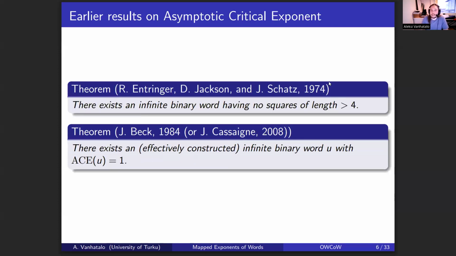And I'll just give some context on the asymptotic critical exponent, in case it's not familiar to you. The idea of the asymptotic critical exponent, to my understanding, started with a theorem of Entringer, Jackson, and Schatz in 1974. I'm sorry about my pronunciation of the names. They proved the existence of infinite binary words that have no squares of length larger than 4.